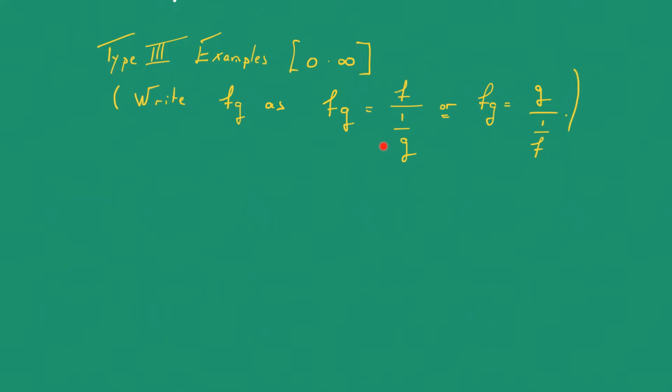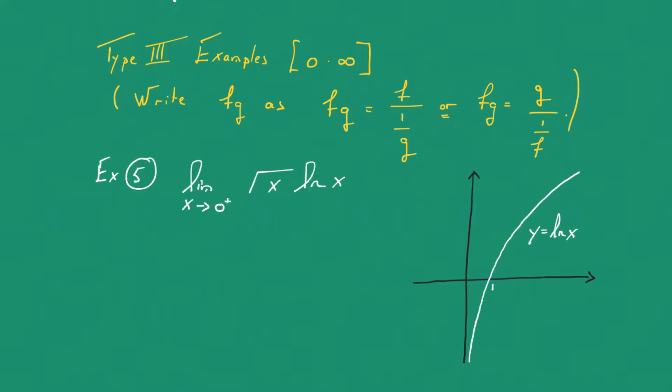Notice that f divided by 1 over g is in fact, well, if I were to divide by this fraction 1 over g, I'd multiply by the reciprocal g over 1. F over 1 over g then is equal to fg, and similarly fg is the same as g over 1 over f. Now, the new limit is going to look either like 0 over 0 or infinity over infinity, and so we'll be able to apply L'Hopital's rule.